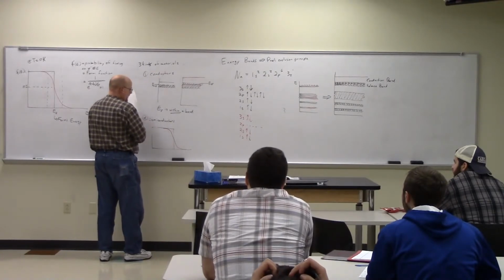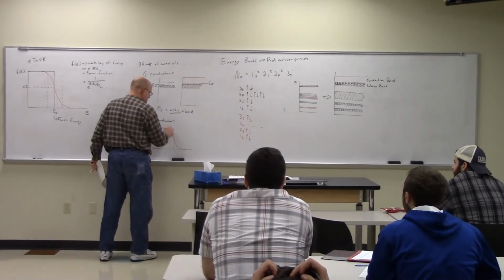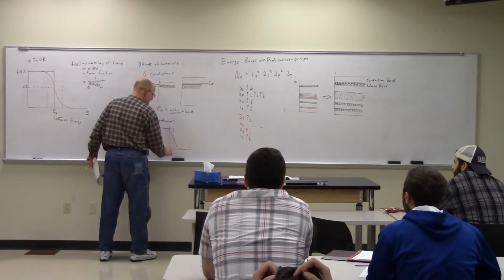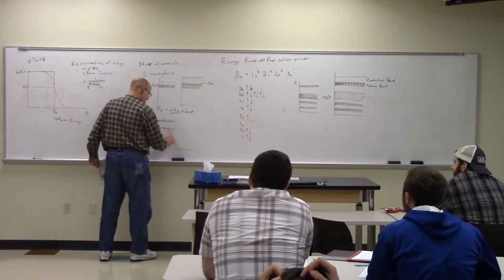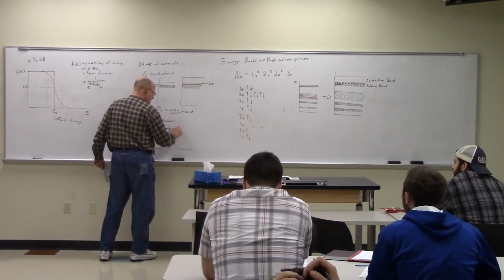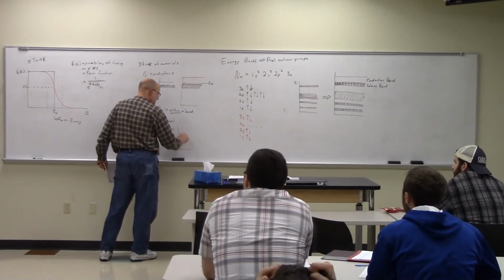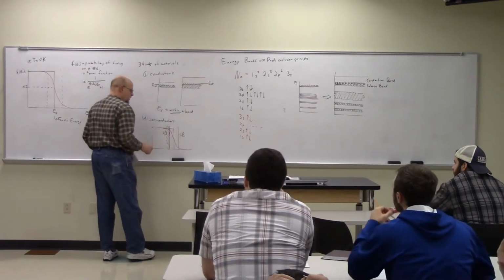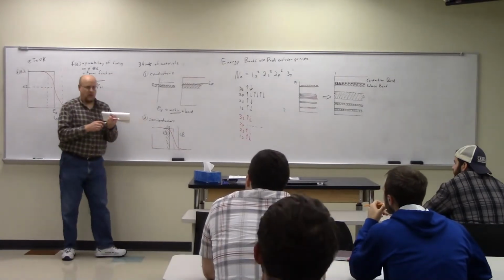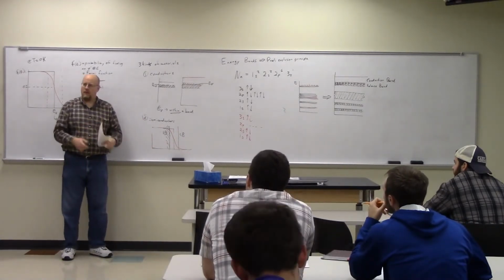So for a semiconductor, the bands are here. This would be the valence band here and the conduction band here. This would be all full, that would be all empty, and the Fermi energy is halfway between the valence band and the conduction band.